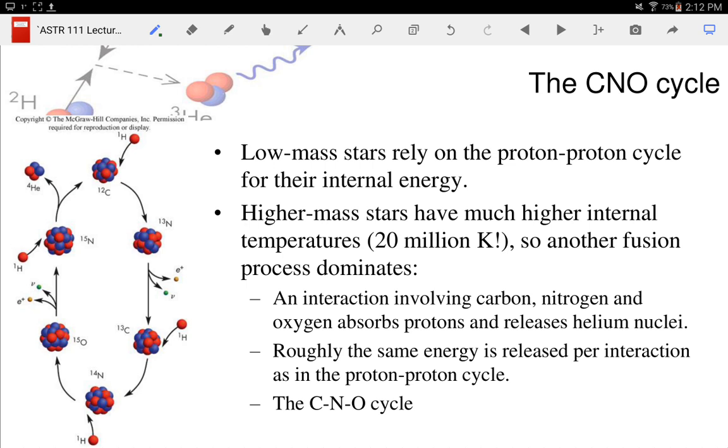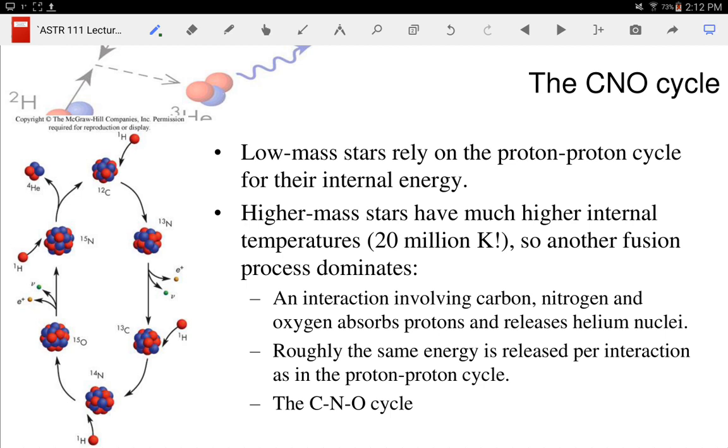For more massive stars, where the core gets up to more than 20 million kelvins, there is a more efficient way of fusion. That requires some larger elements. We've just been seeing hydrogen and helium, but there are trace amounts of these other things. This more efficient method is called the CNO cycle, carbon, nitrogen, oxygen.